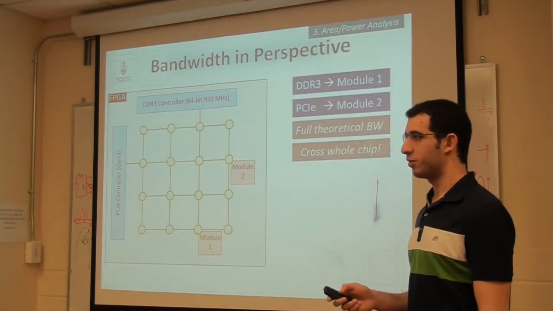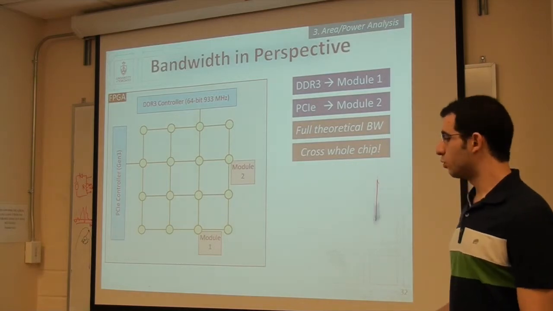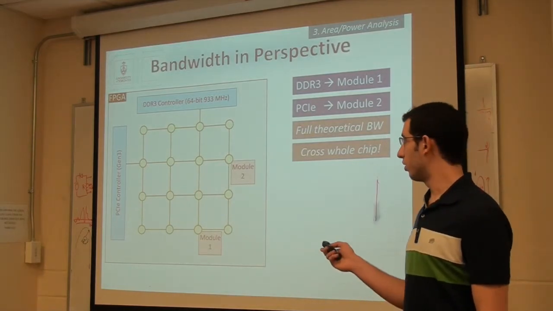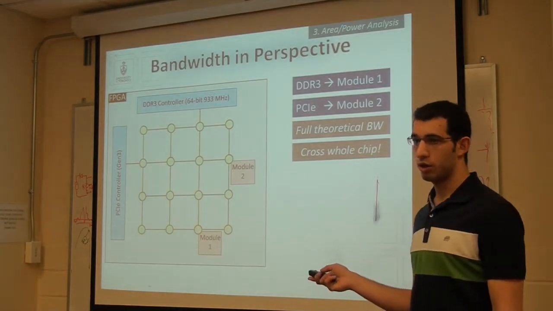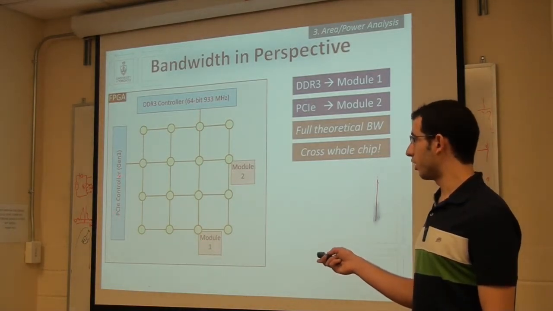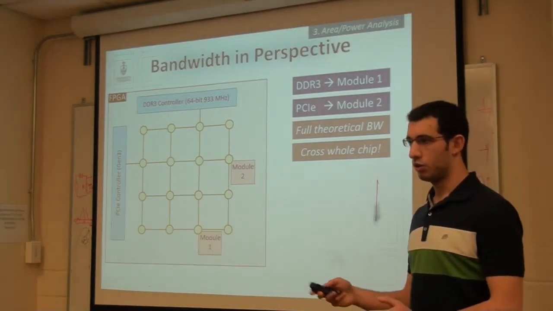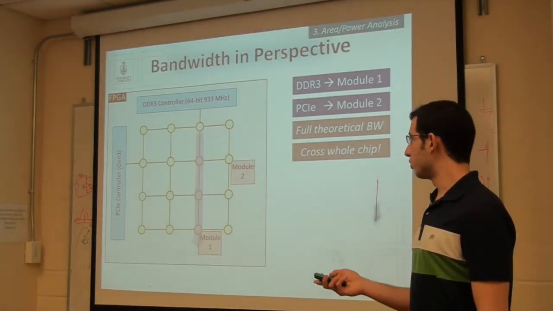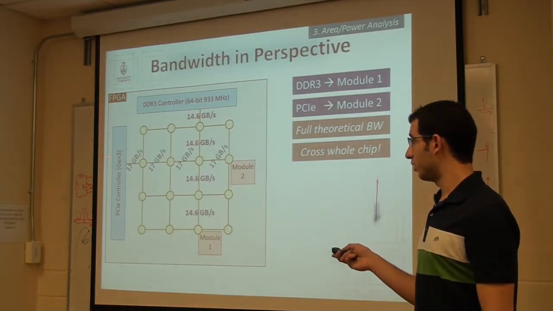So I've been saying 250 gigabytes per second, but let me put that number in perspective. Assume that we have the entire bandwidth of DDR being transported across the chip to module 1, the entire bandwidth of PCI Express Gen 3 being transported across the chip to the other side to module 2. So that full theoretical bandwidth is annotated here.